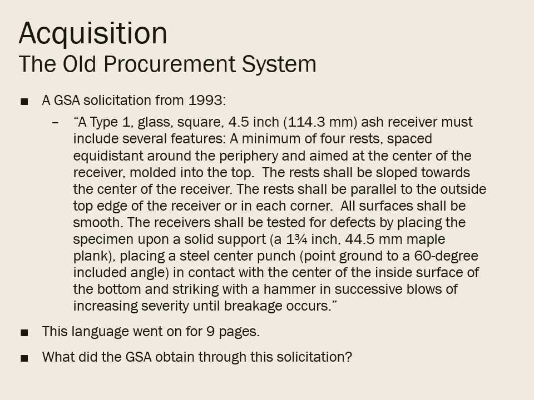Type 1 glass square 4.5-inch ash receiver that includes several features: minimum of 4 rests, spaced equidistant around the periphery and aimed at the center of the receiver, molded into the top, sloped towards the center of the receiver. It goes on about how things need to be parallel, that the surfaces need to be smooth.